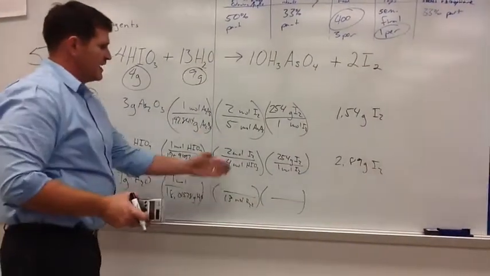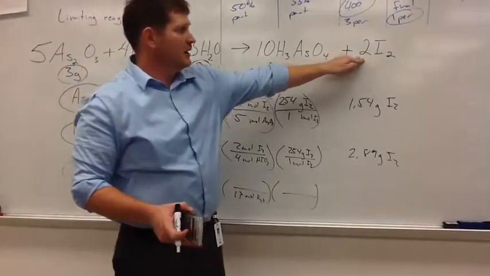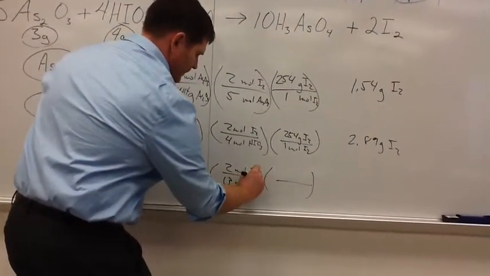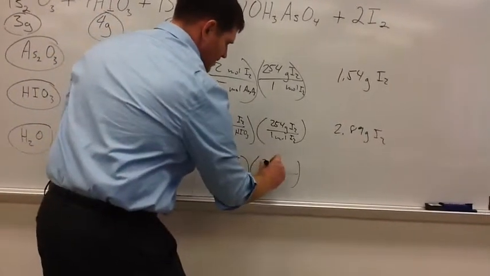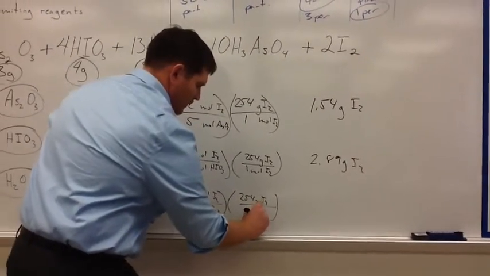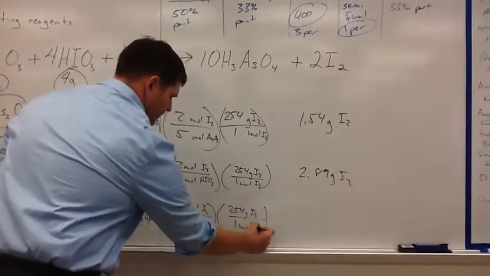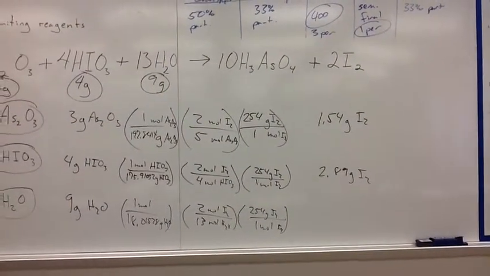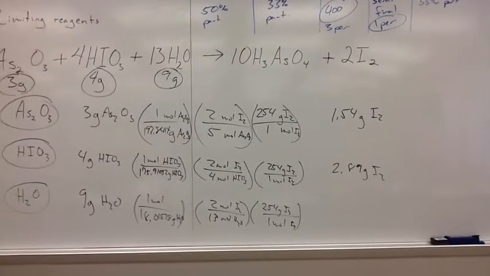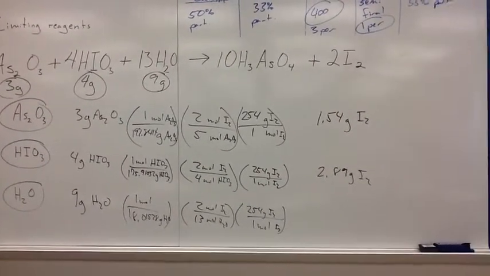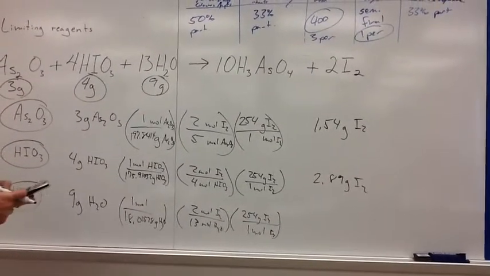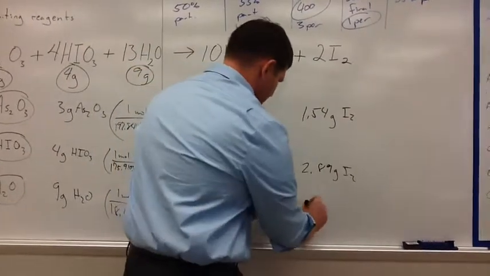And it's the 3rd time we've done iodine, so each time we do iodine, it still goes back to our mole ratio step. It's going to be 2. And our last bit of iodine is going to remain the same. 254 grams of iodine over 1 mole. So 9 times 2 times 254 divided by 18.01528 divided by 13. Holy cow, I could produce a lot of iodine if I had that much water.